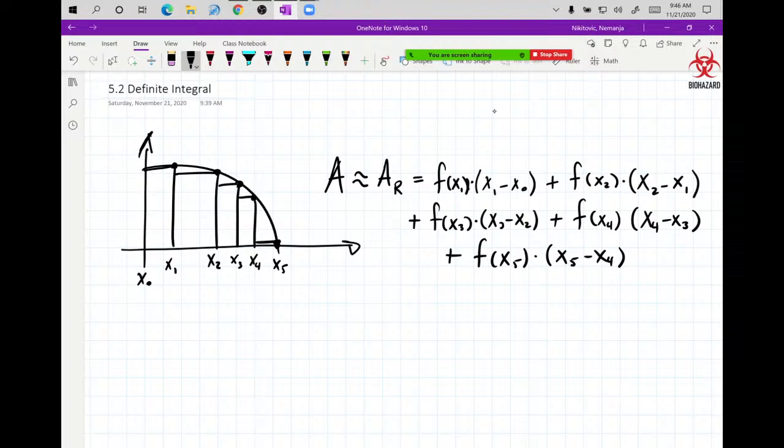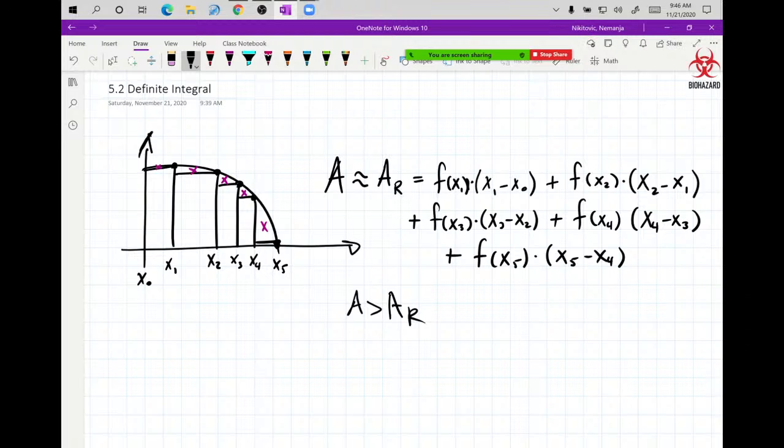We talked about it last time. All of this stuff here is error. And clearly, for this particular question, the actual area is bigger than what we calculated. Because there is this error.